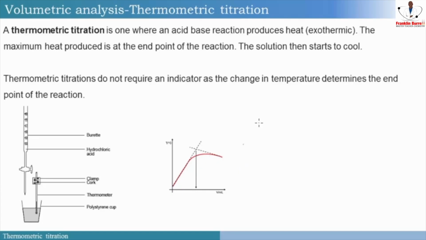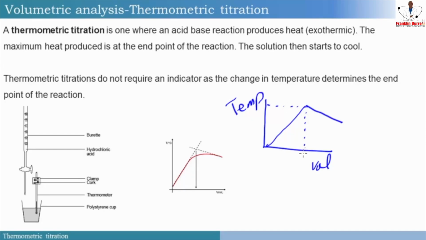Now, if your graph is done where you get lines, like for example here, this is a straight line and this is another straight line, so this will represent the maximum temperature. Now, this volume here is a volume that we would use in our calculation, similar to the volume we use in the acid-base titration from the table.